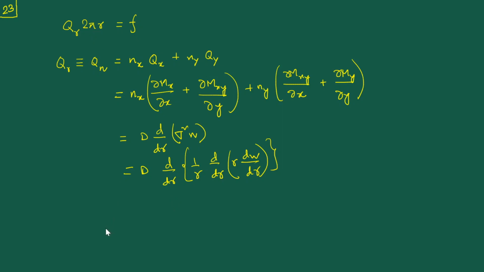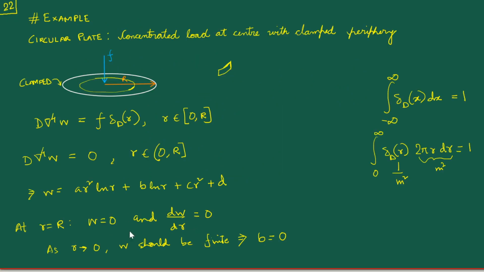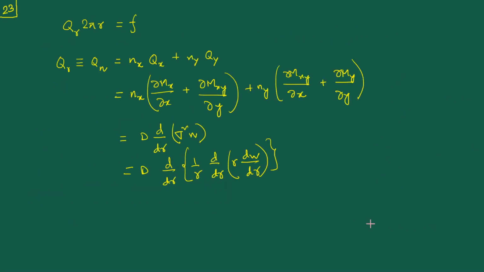Well, let's try this. We already have from our previous page this expression for w. All that you have to do is to obtain the expression somewhat patiently here. So what I'll do is I'll go to the next page and carry out the steps.